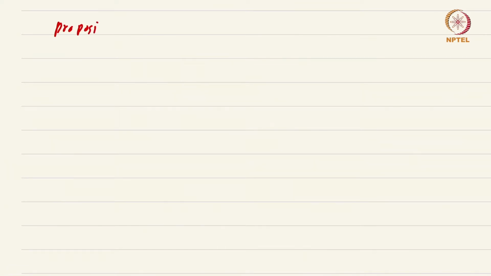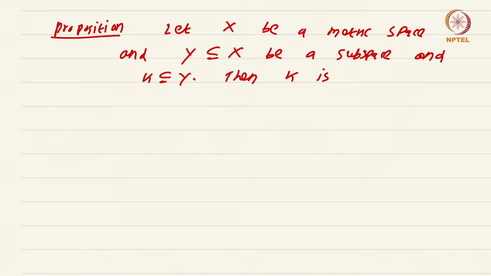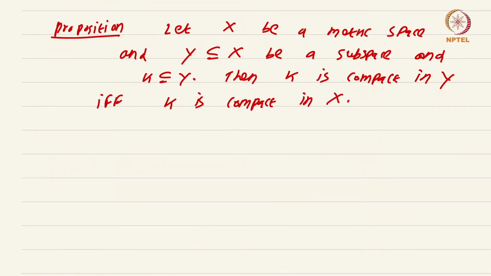Proposition. Let X be a metric space and Y subset of X be a subspace and K is a subset of Y. Then K is compact in Y if and only if K is compact in X. Okay, so henceforth we need not actually say compact in X, compact in Y. It makes no difference.